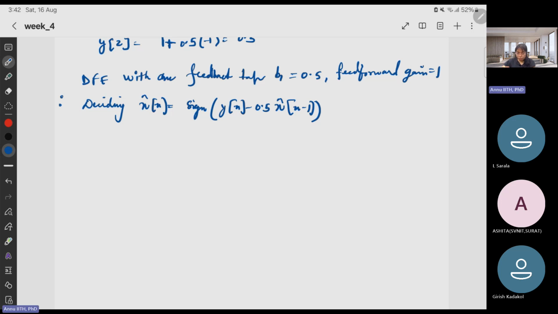I am deciding based on tap 0.5 and feed forward gain of 1.